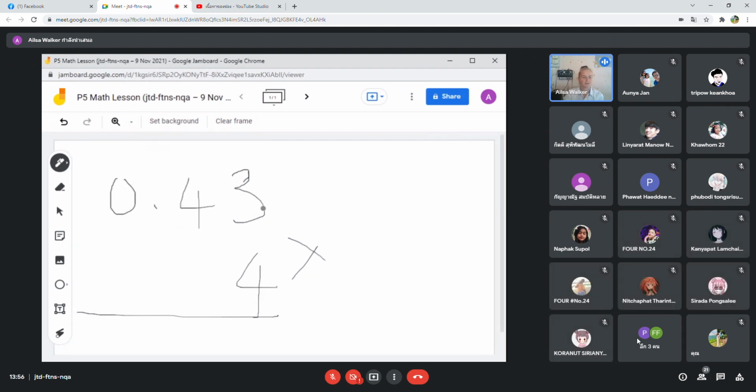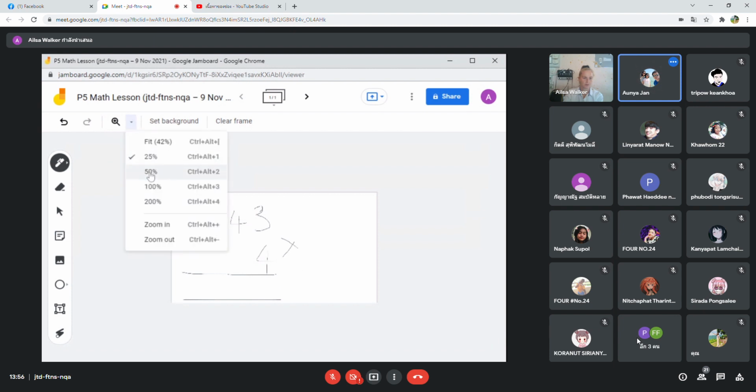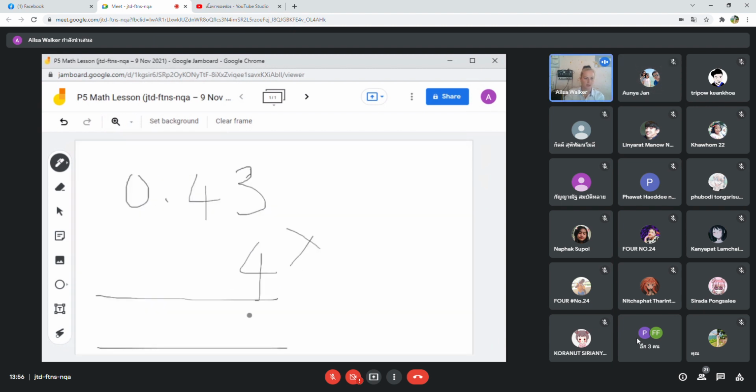Okay, first 4 times 3. 12. Good. So we put 2. We carry the 1. Okay. 4 times 4. Anybody? 16. Good. Plus 1 is 17. Good. So 1 is carried and the 7 goes here.